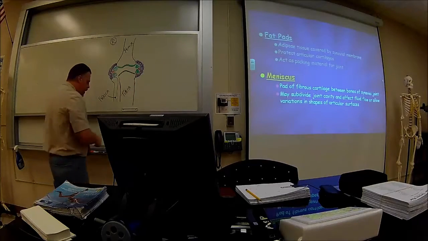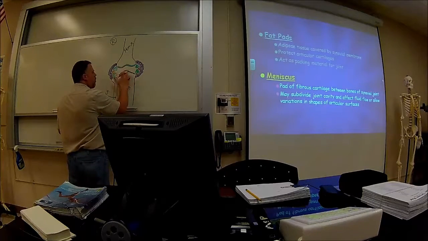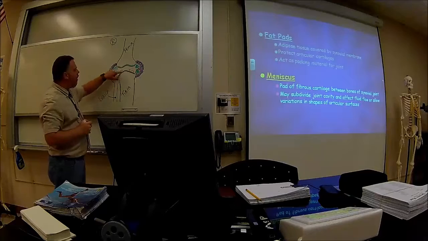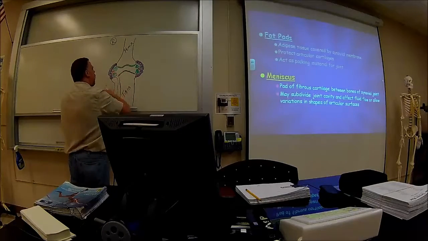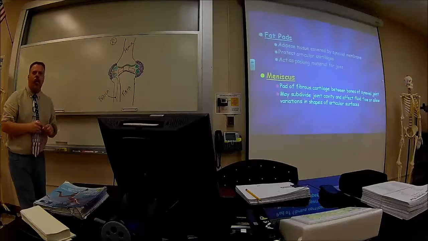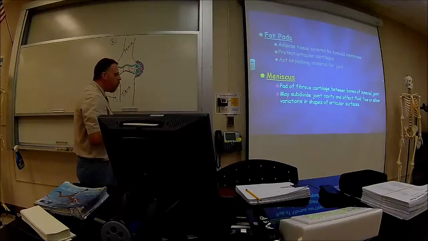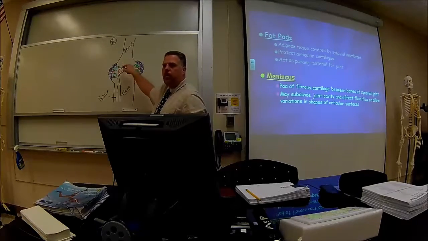We're going to have a meniscus that should be flatter, but there should be one over here and one over here. And it's a pad between, well, actually, do a little bit better. Here and here. And when you look down on it, they're actually C-shaped pads, and you'll see the pictures. So it's kind of a cushion between these two areas here.